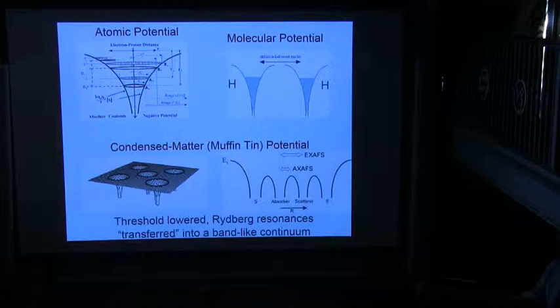This is the way we want to go with the R matrix method: do an R matrix calculation at each atomic center, put those all together and get a wave function for solid state matter.